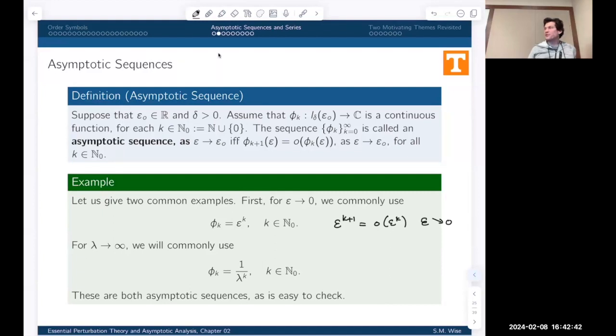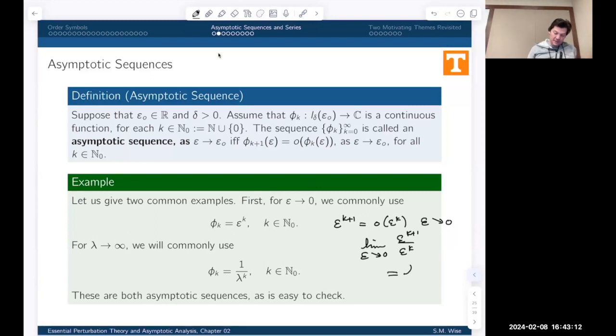So what do I have to show in order to prove this? Let's use the simplified thing. The limit as epsilon goes to 0 of what goes on top for the little o-ness, epsilon to the k plus 1, and what goes on the bottom, epsilon to the k.